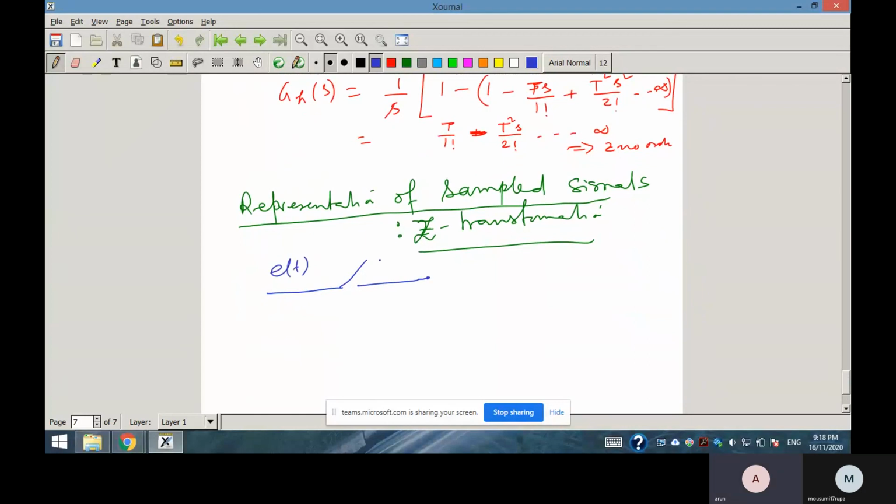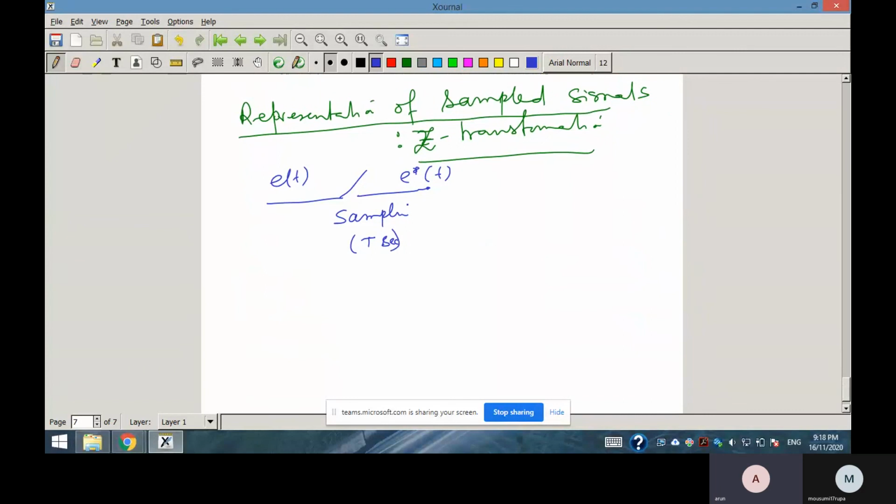This is your e(t), this is your e star(t), then again a sampler. This is a sampler of T seconds. So now how will you define the Z transform? The Z transform is taken only when there is a sampler. So whenever I take the Z transformation of continuous time signals, that means there is a sampler.